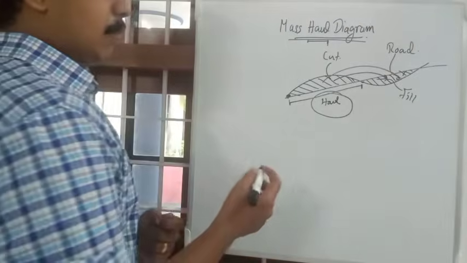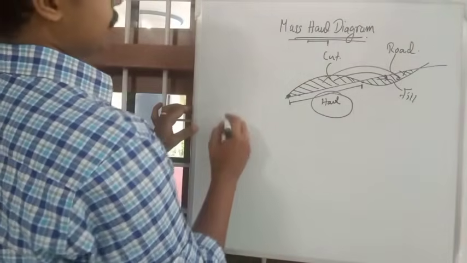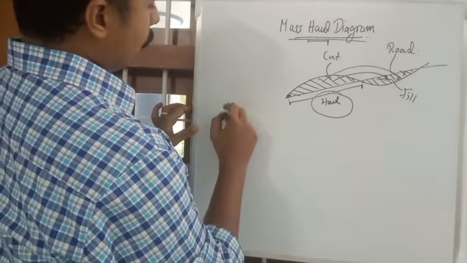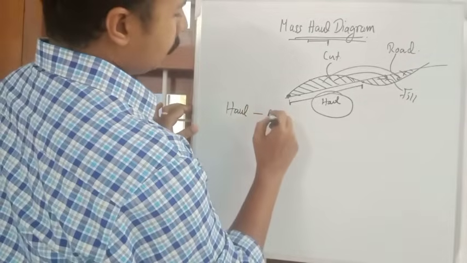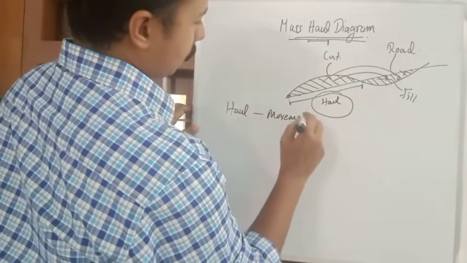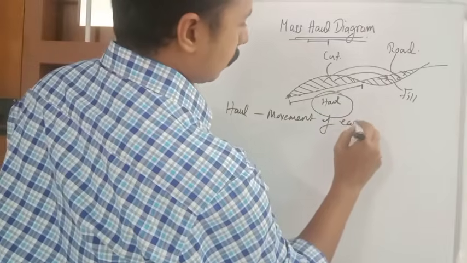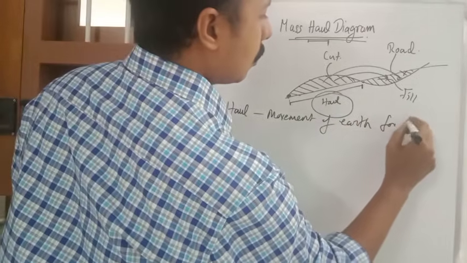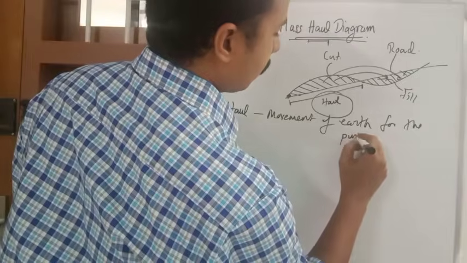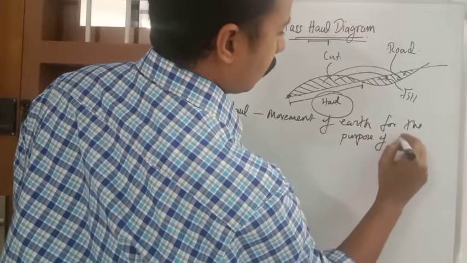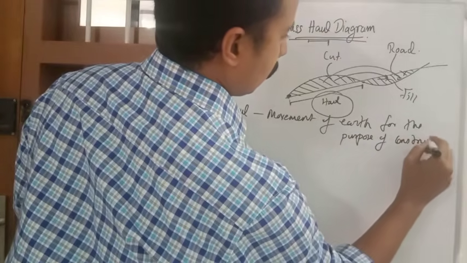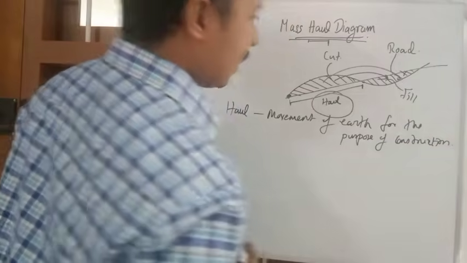For example, hauling is movement of earth for the purpose of construction, as I said now.